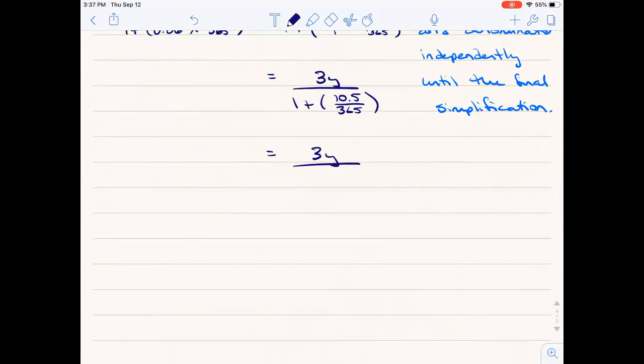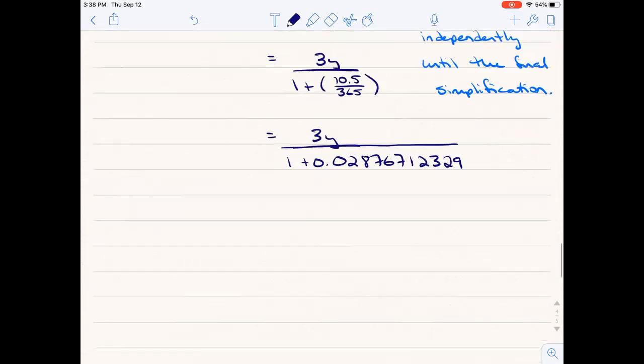I get 3y over 1 plus 0.02876712329. Now, of course, you don't have to write those all out, but I tend to get carried away and just write them all anyways. Plus 1.